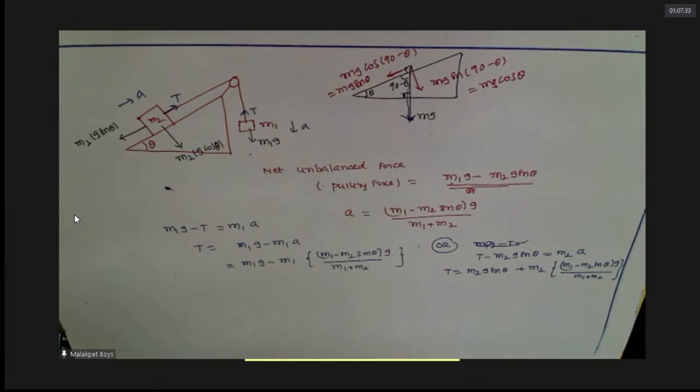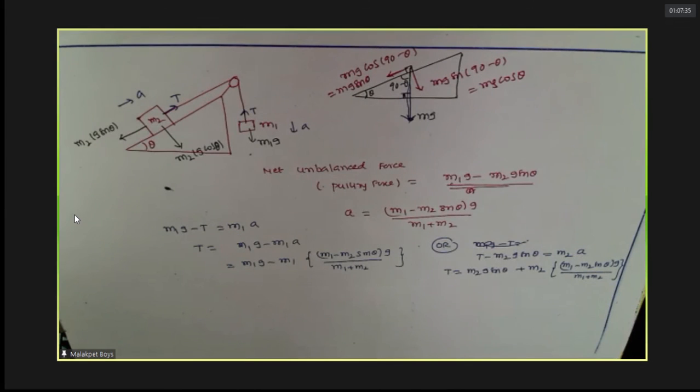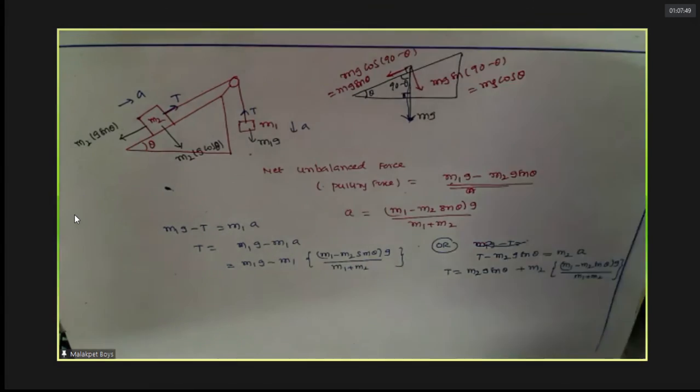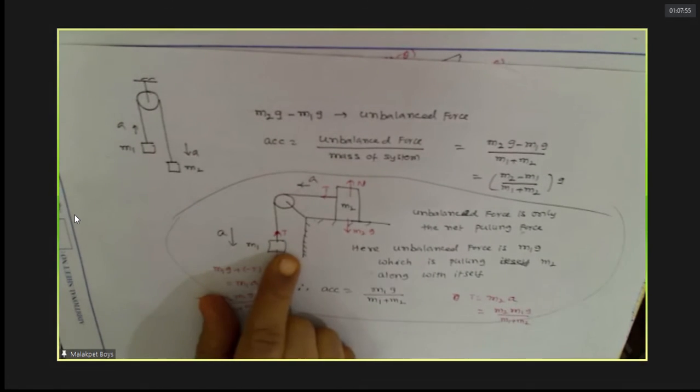Suppose you don't want to draw the free body diagrams as before and solve even for acceleration. This is easier, no? Acceleration you can find directly. Sir, but in the previous case, we took only m1g, as it is on the horizontal surface. What is the pulling force here? Is there any opposition for this? No, sir.